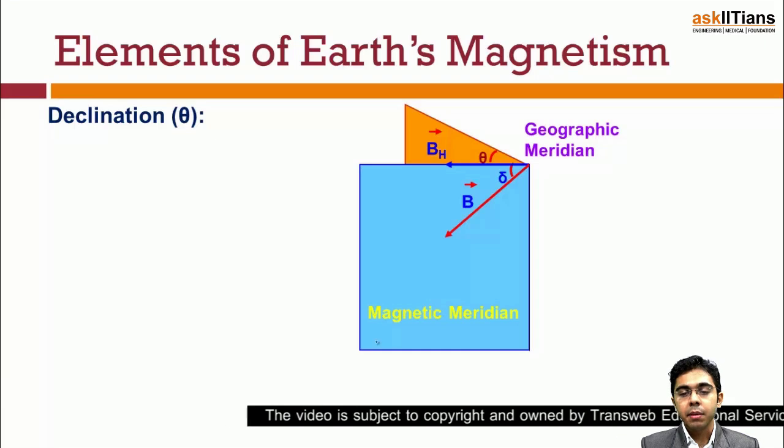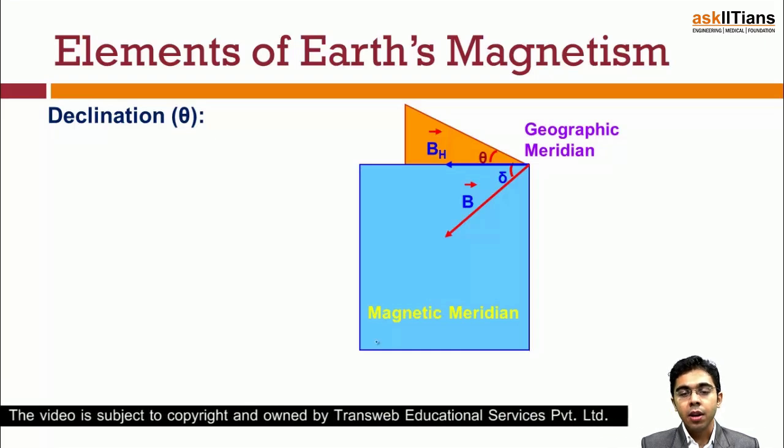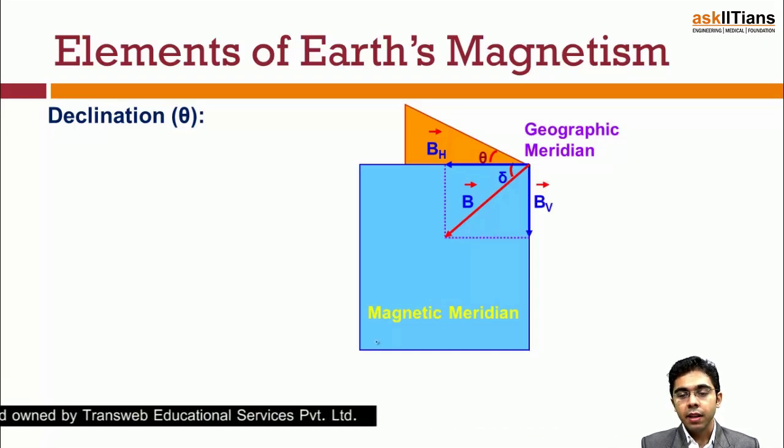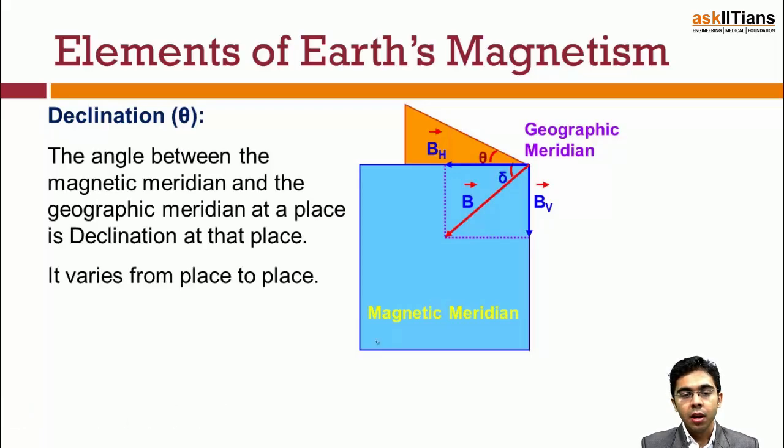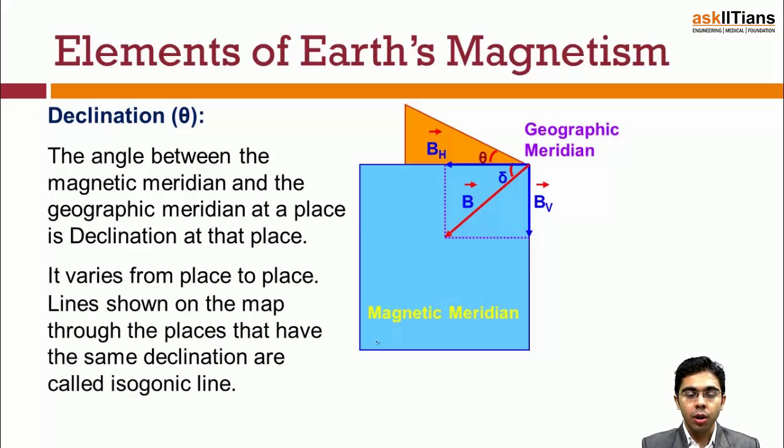The resultant makes an angle delta with BH, and this is BV. We'll talk about this later on. Now let's talk only about the declination. The angle between the magnetic meridian and the geographic meridian at any place is the declination at that place. It varies from place to place, as we have talked about.